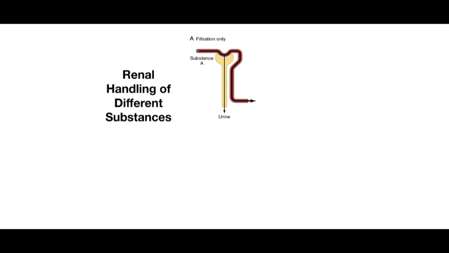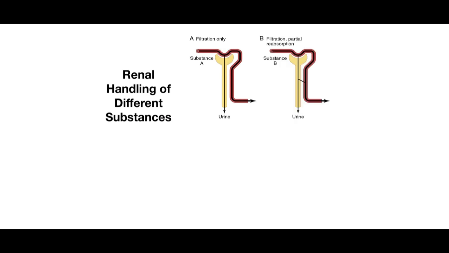By calculating clearance of something that is filtered, it's not metabolized by the kidney, it's not produced by the kidney, and it's not reabsorbed or secreted in the tubule, the clearance of that is the same as the glomerular filtration rate, because the only source of that molecule in the urine came from filtration. There was no other way to get it in there.